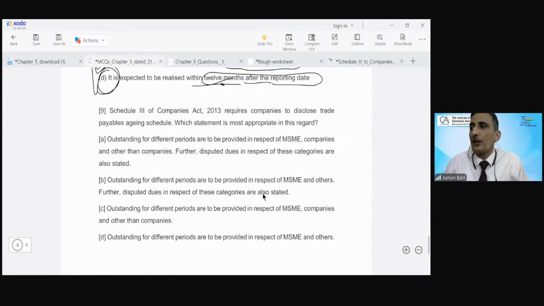Yes, again a question on Schedule 3. Trade payables ageing schedule. Which statement is most appropriate? Yes, only Sanya has answered.